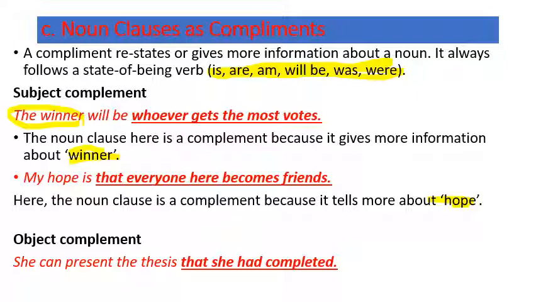That's why that she had completed is the object complement here. And let's not forget, this is a noun clause. These are all noun clauses that come in the position of complement. And complement, as I said, is of two types: object complement and subject complement.